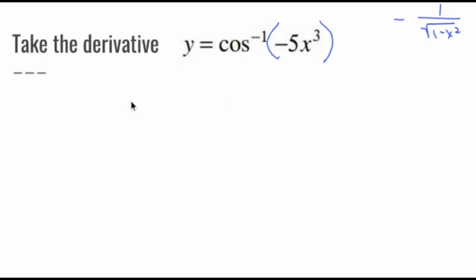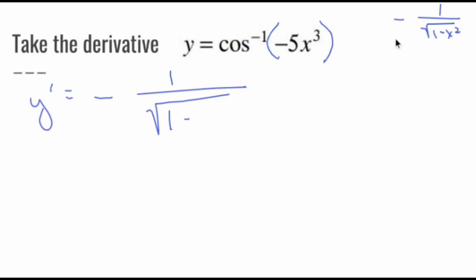So what I'm going to do is take the derivative using the chain rule, which in general is you take the derivative of the outside stuff first. So we're going to write out negative 1 over the square root of 1 minus, however, keep the inside stuff.